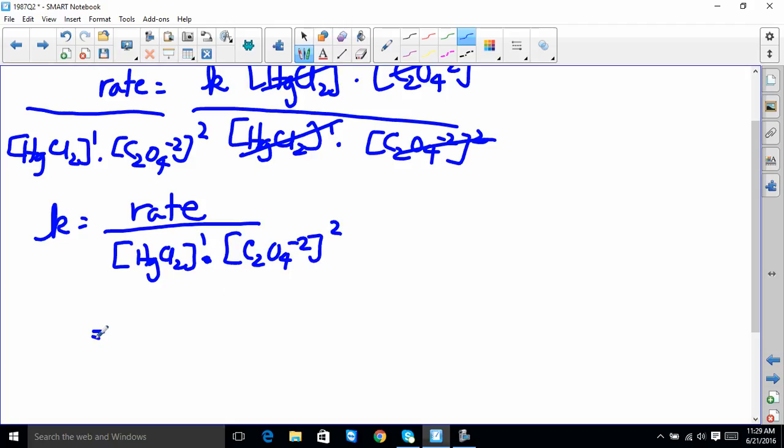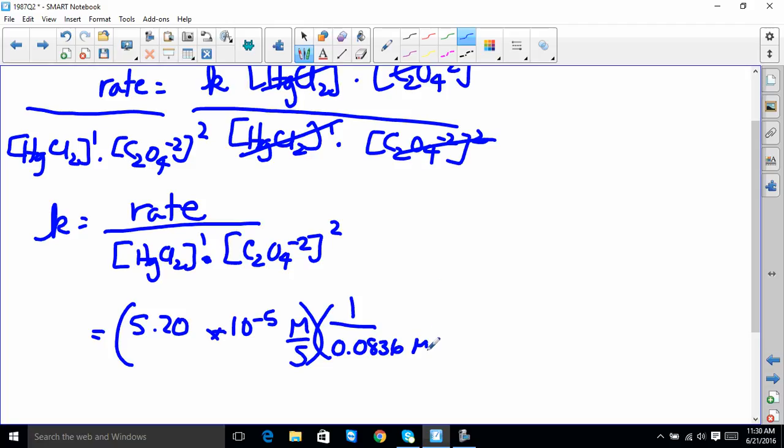And so if I go back to my chart, I will see that the rate for trial 1 was 5.20 times 10 to the negative 5th molarity per second. And then the concentration is downstairs, so I'm going to multiply by the reciprocal.